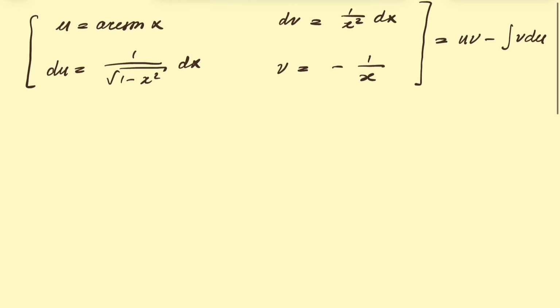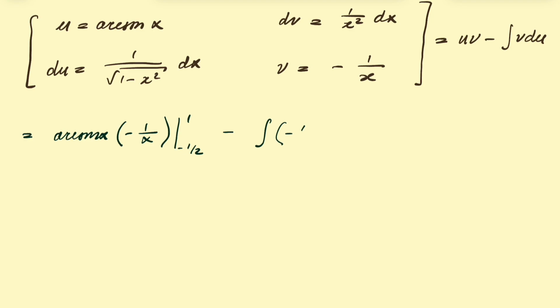Now computing, our integral is equal to arcsin of x times minus 1 over x, evaluated from 1/2 to 1, minus an integral of v du, it's minus 1 over x again, times 1 over square root of 1 minus x squared dx.